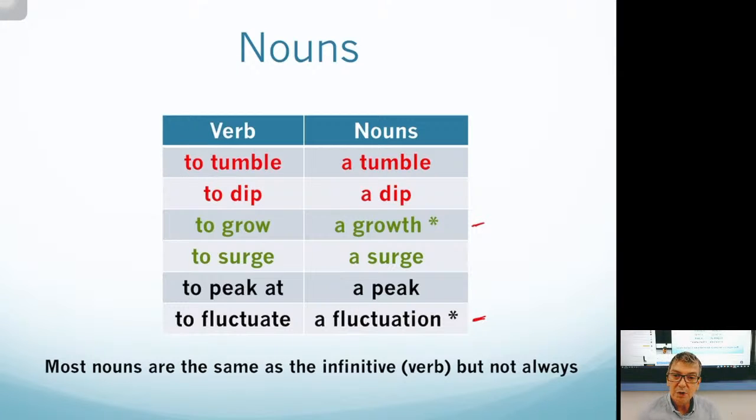Okay, so it's just important to be aware that there are nouns you need to know, and unfortunately there isn't a set rule for this, you just need to know them. So you have to learn them by heart for each of these. But generally speaking, for graphs anyway, we can take it as read that some of them will be the same. So these ones are the same.